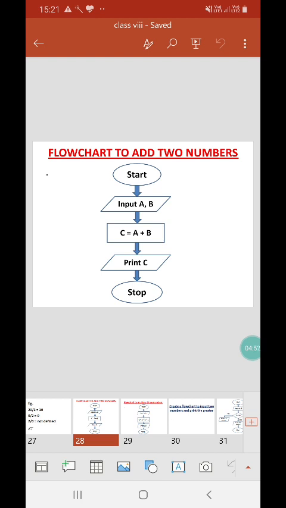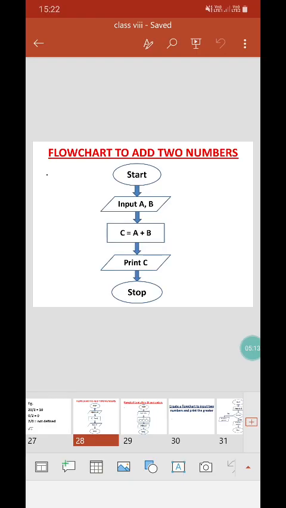In the output symbol I have written print C, meaning the result is printed there. At last I stop the flowchart. I can write stop or end at last.